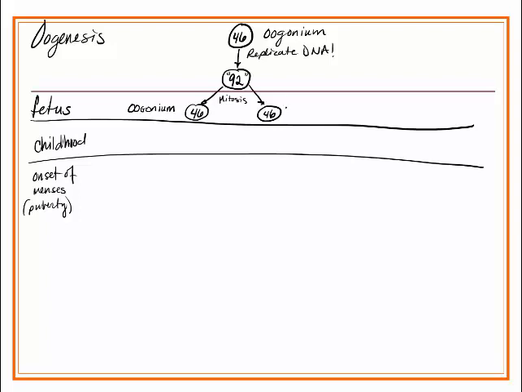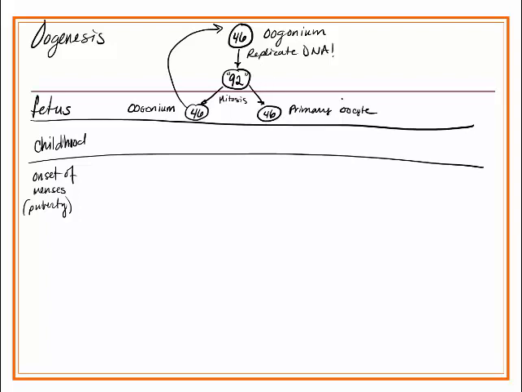The other one is called a primary oocyte. So it is more specialized than the oogonium, and it is now dedicated to becoming an egg. So this one will keep doing this process and making more primary oocytes and more oogonium while we're a fetus, and the other daughter cell will continue through the process.